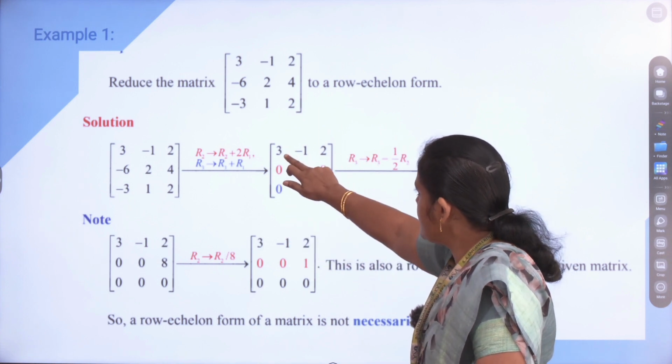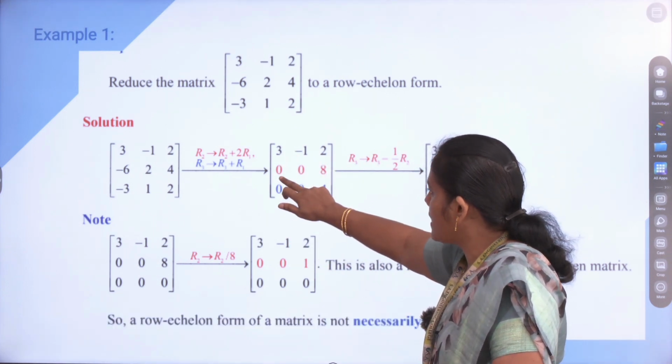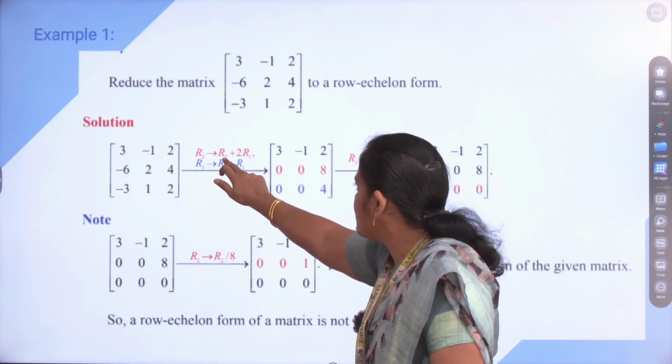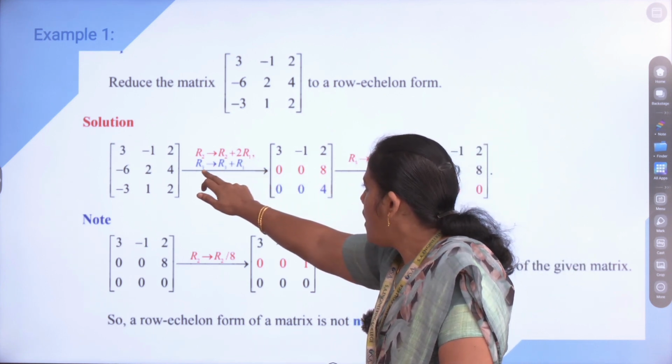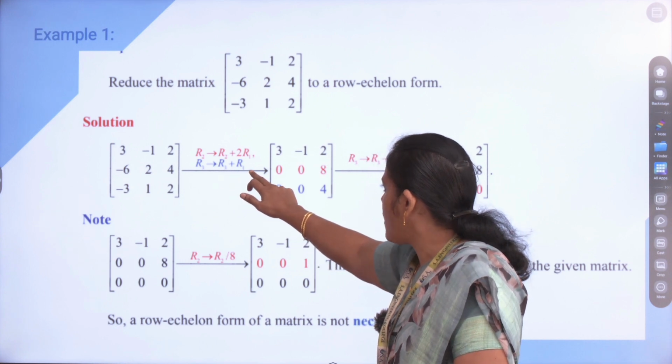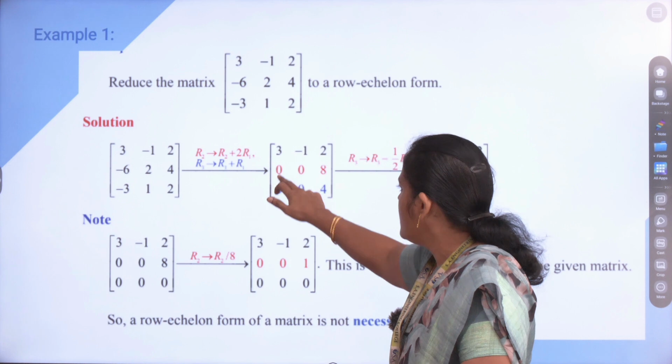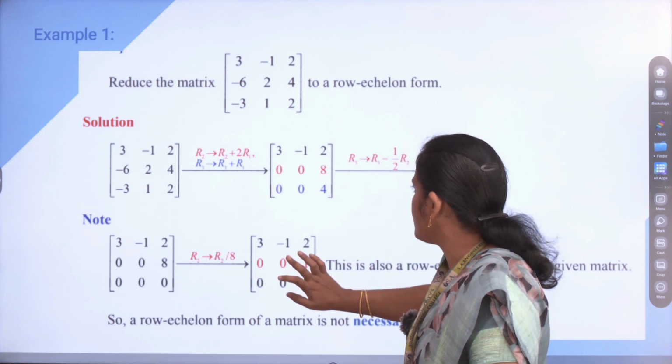The elements below the pivot in the first column should become 0. Using the operations R2 → R2 + 2R1 and R3 → R3 + R1, we get these two elements below the pivot to become 0.